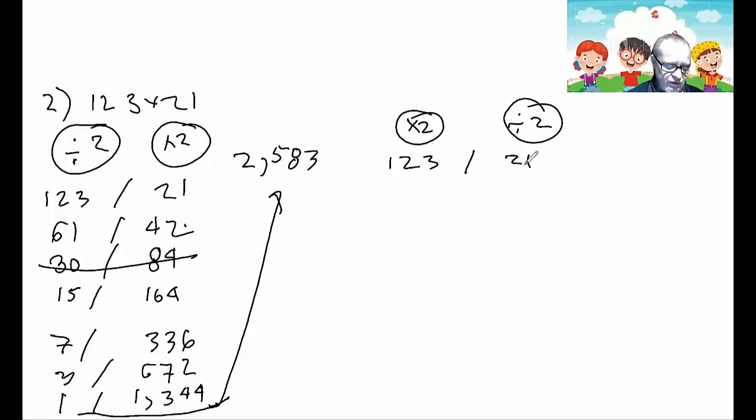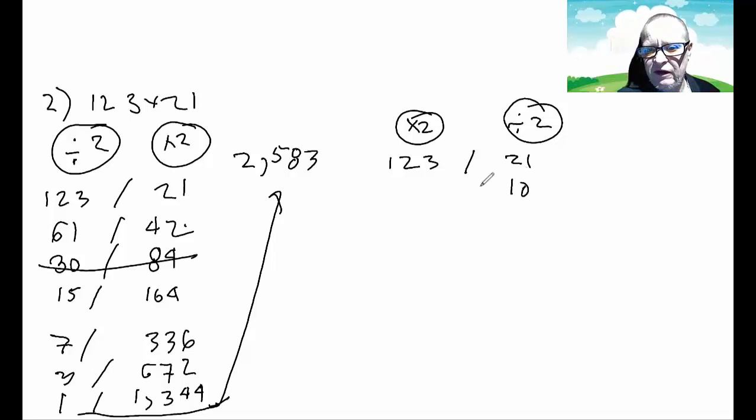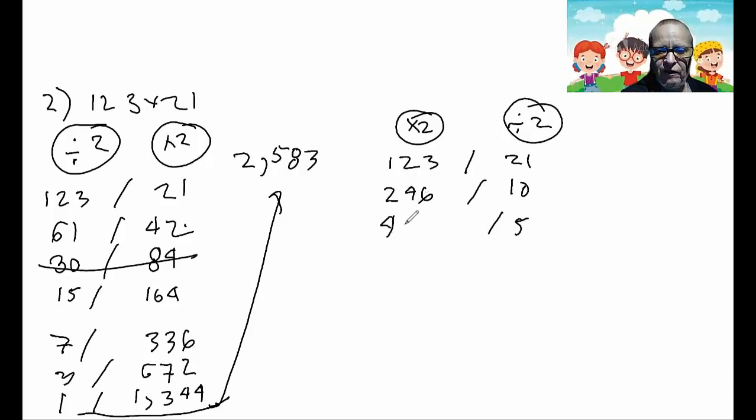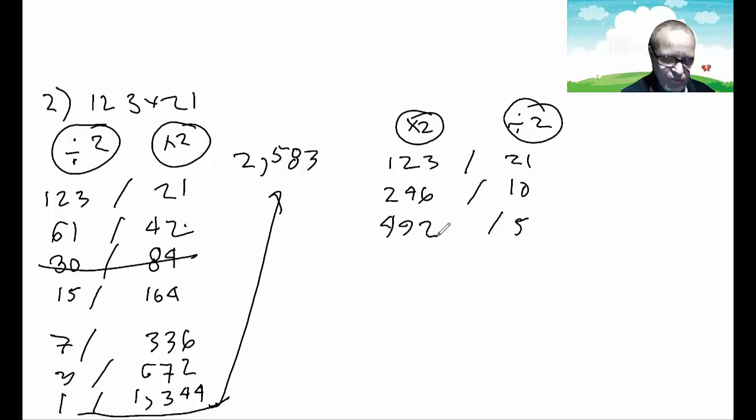Well, when I divide by 2 the 21 and throw away the remainder, I get 10. And when I double the 123, I get 246. 10 divided by 2 is 5. And I double 246 and I get 492.